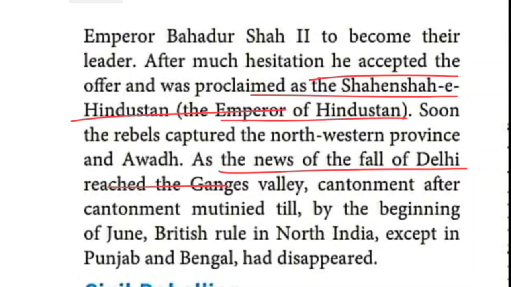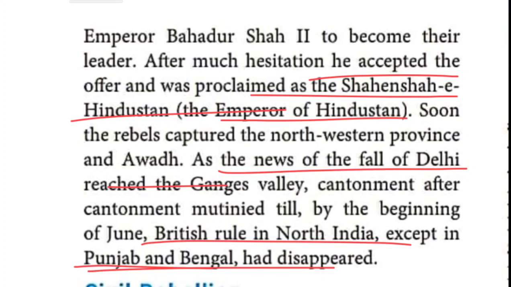So by the beginning of June, British rule in North India except Punjab and Bengal had disappeared. Totally disappeared, excluding Punjab and Bengal.